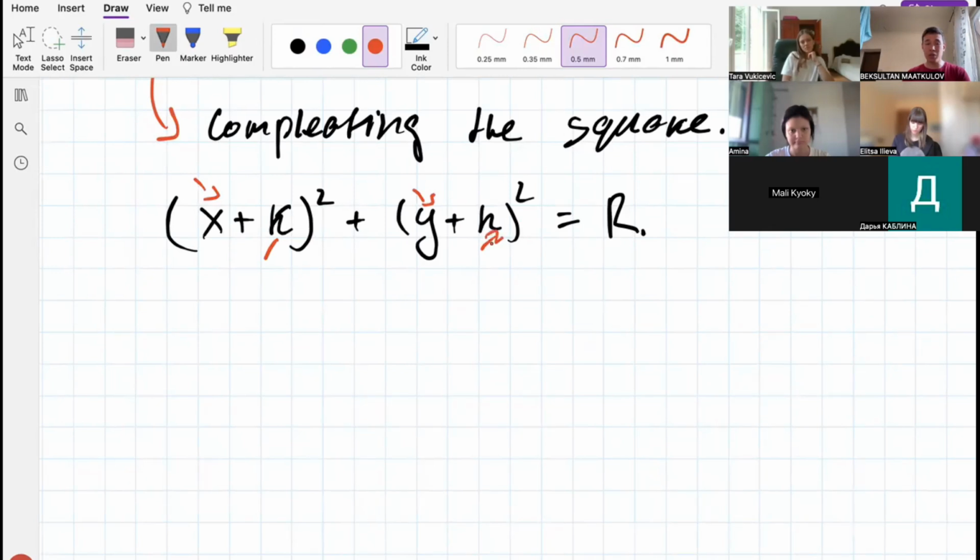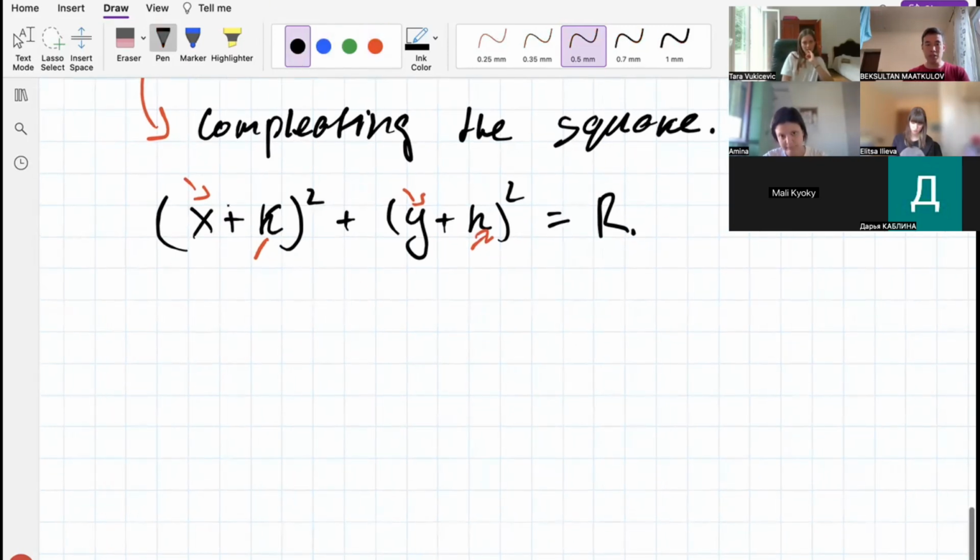It can be a negative number, it can be a positive number, it can be zero. So k is just some constant. In this case, R, I wrote it as a big R, and you'll see why. So basically, this is the general form of equation of the circle.